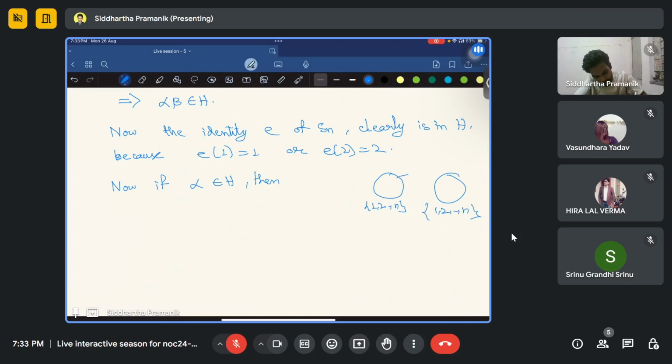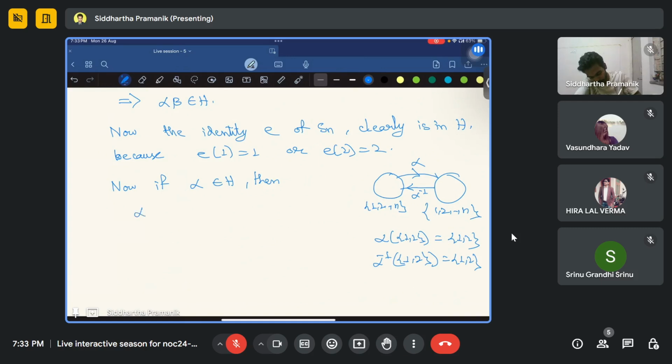This is your function alpha. So this is your reverse function alpha inverse. So under alpha, {1, 2} maps to {1, 2}. So alpha inverse does the same thing, right?